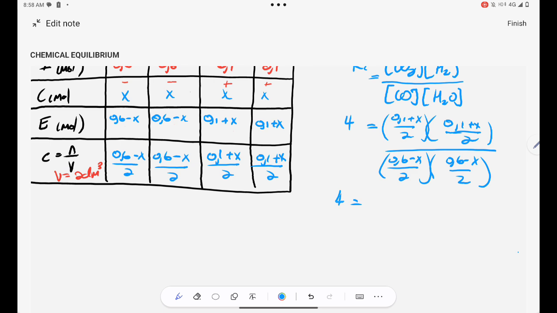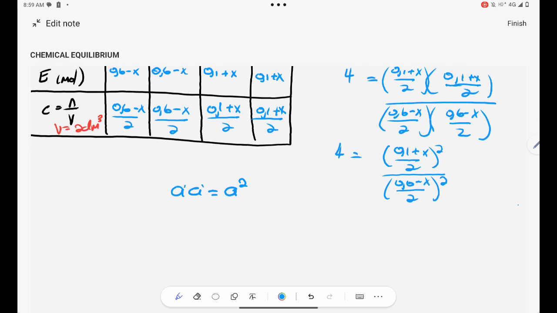At the top, guys, I have two things multiplying. If ever you multiply numbers of the same base together, just take one base and then add your exponents. There's 1 and 1 there, so I'll simply have a squared. Same thing applies there. I'll simply have (0.1 plus x) all over 2, all squared, divided by (0.6 minus x) all over 2, all squared.